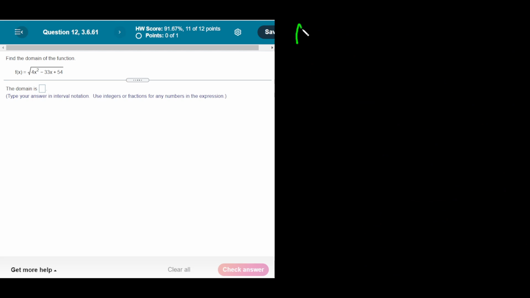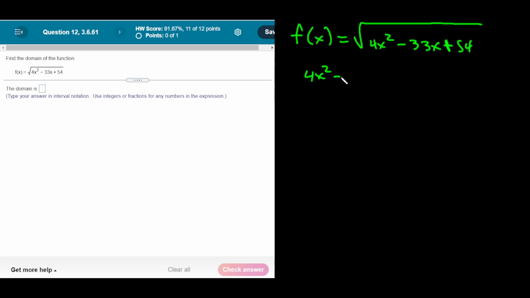Okay, so what do we know about the domain? Well, we have f of x is equal to the big old square root of 4x squared minus 33x plus 54. How do we find a domain of a square root? Well, a square root on the inside cannot be negative, right? So all we do is take whatever is inside that radical.